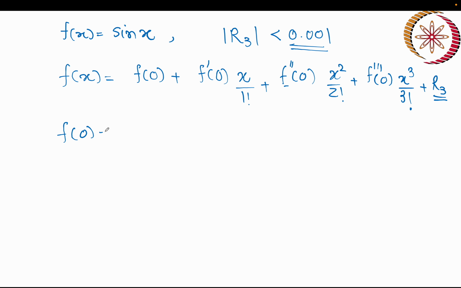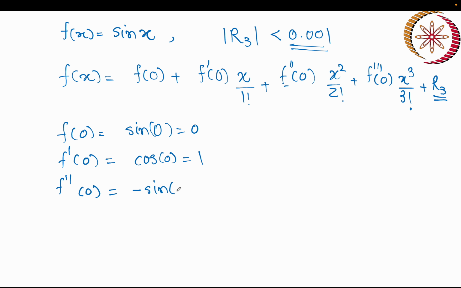If we see, f(0) is nothing but sin 0, which is 0. f'(0): if we take the derivative, it will be cos 0, which is 1. f''(0): we differentiate again, so sin 0 will be 0. f'''(0) will be minus cos 0, which is minus 1.